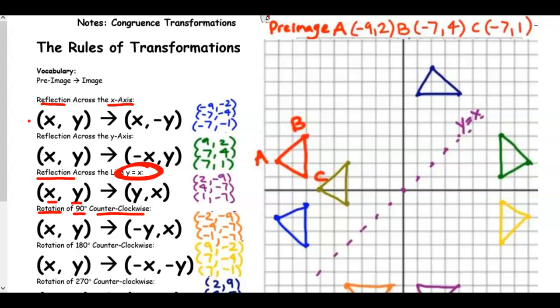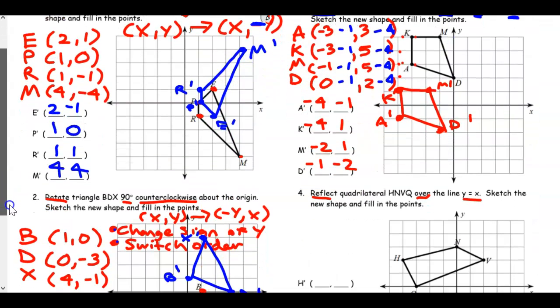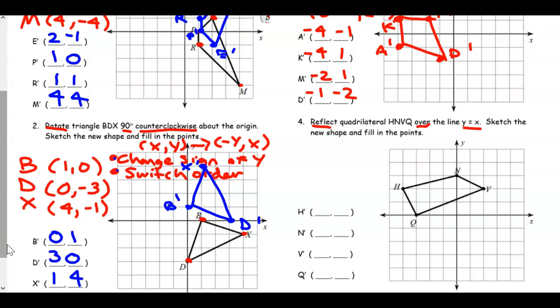What happens to x, y right here? Just changes the order. None of the signs change. x, y becomes y, x. Is everyone with me? We got one more. Pay attention. So, with the notes, x, y becomes y, x. Write that down for number 4. And we're going to write down our 4 points, and then we're just going to switch the order.